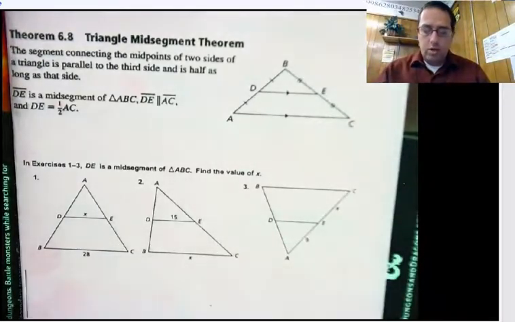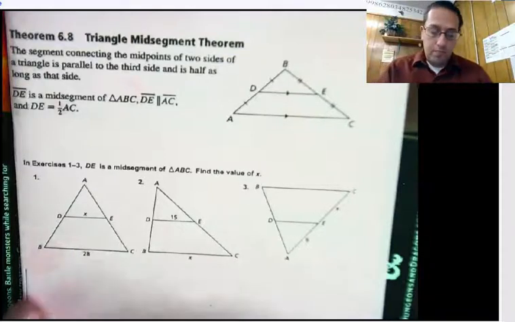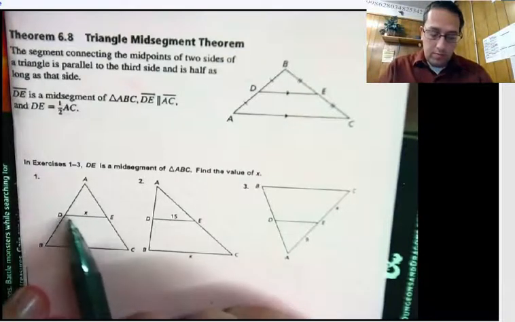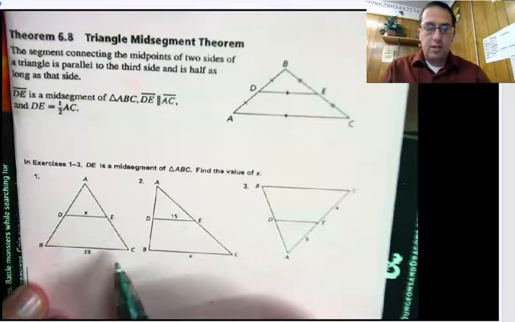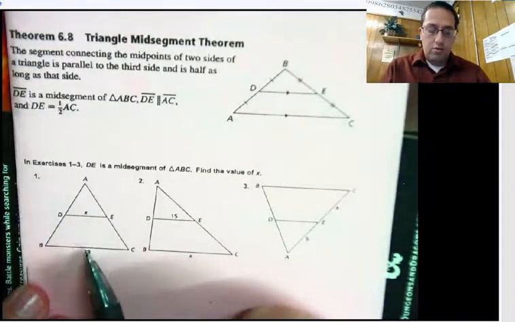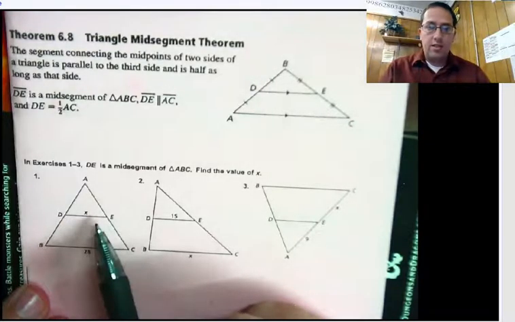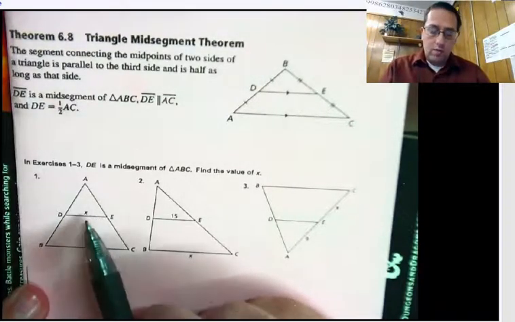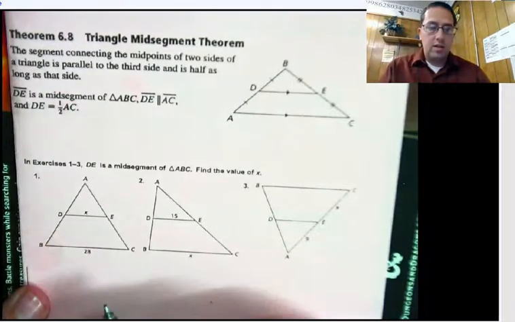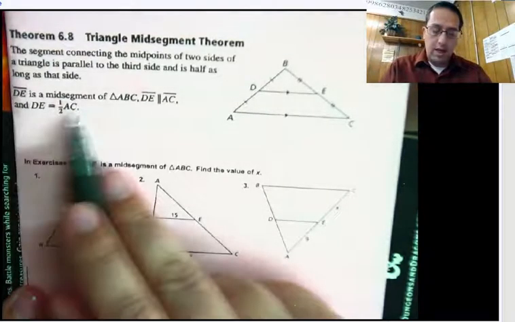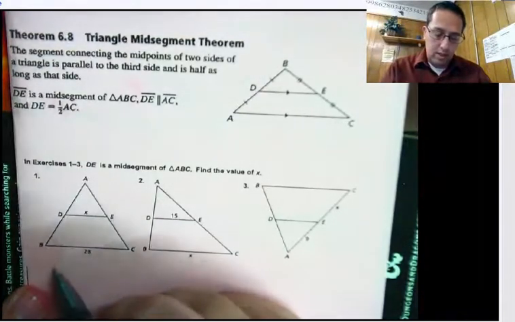Problems 1 through 3 tell us that segment DE is a midsegment of triangle ABC. We need to find the value of x. On this first one, DE is the midsegment, which gives us BC. BC is the third side, the side that the midsegment is not touching. So BC is twice the length of DE, or DE is half the length of BC in this case.